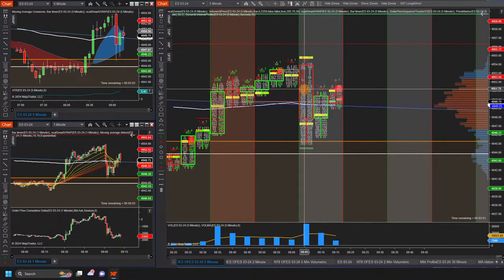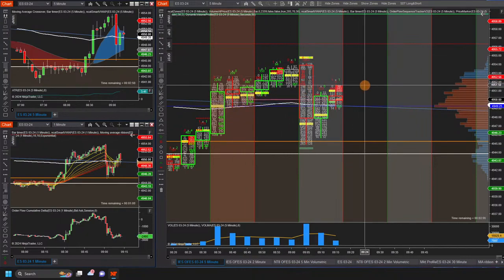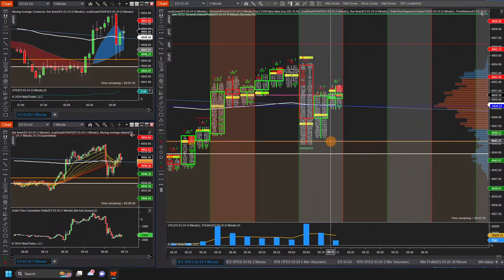Real choppy sideways action, guys. Sorry, there's not much to do here other than to just wait for this range here to break.